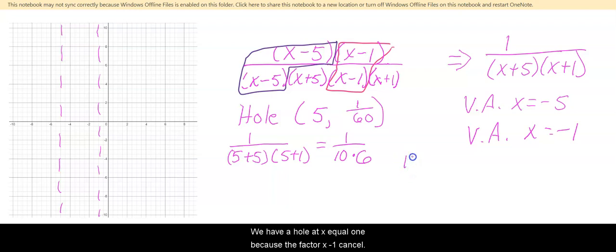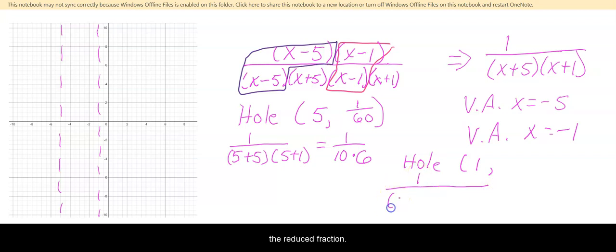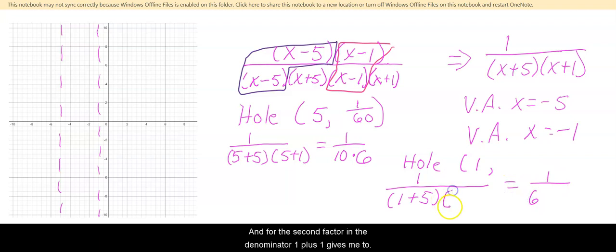We have a hole at x equals 1 because the factor x minus 1 canceled. To find the y value of the hole, take the 1 and plug it into the reduced fraction. 1 plus 5 would give me 6. And for the second factor in the denominator, 1 plus 1 gives me 2.